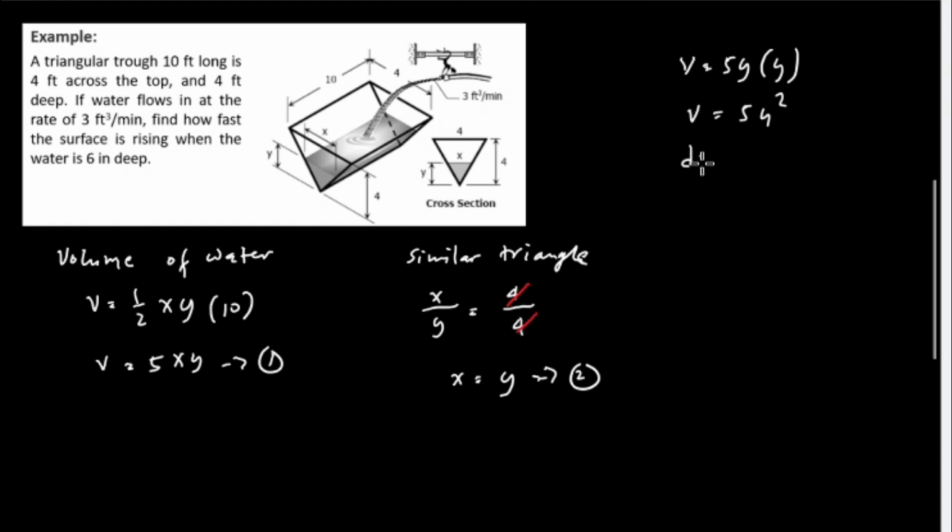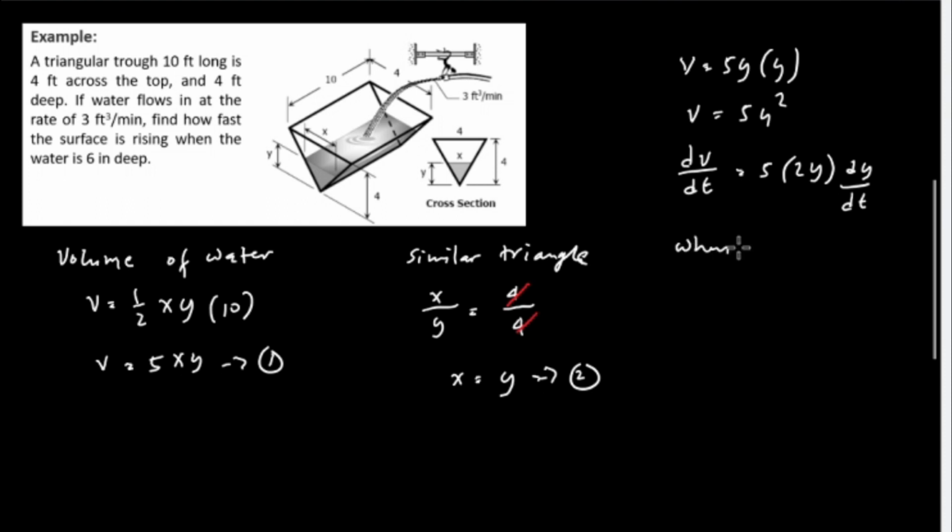So dV over dt is equal to 5 times 2y and derivative of y, which is dy over dt.